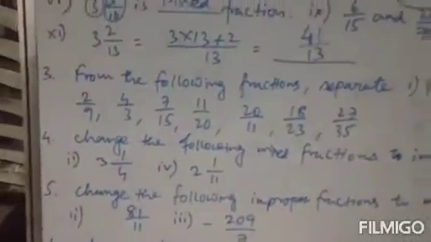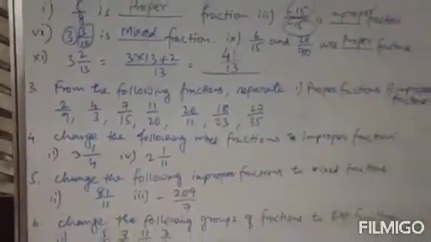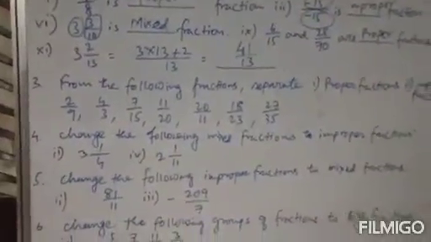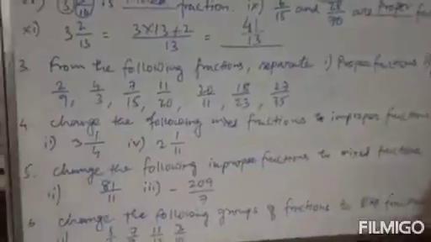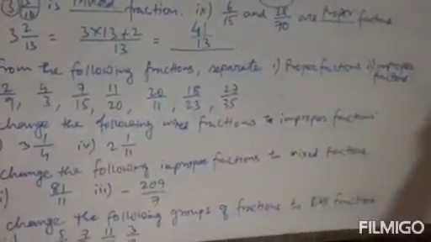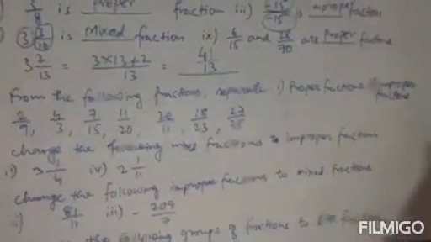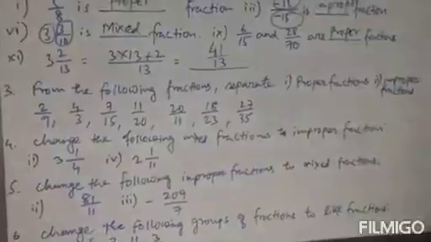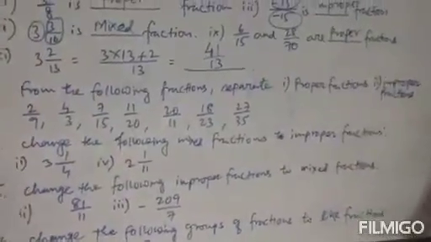Next, question number 3. Question number 3 says, from the following fractions, separate proper fractions and improper fractions. So we have been given some fractions, and we have to separate these fractions into proper fractions and improper fractions.